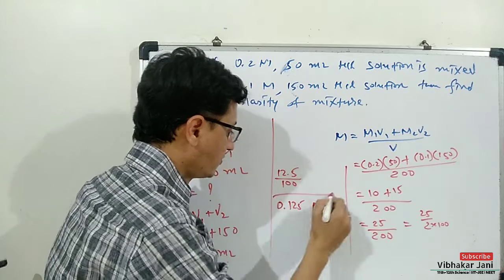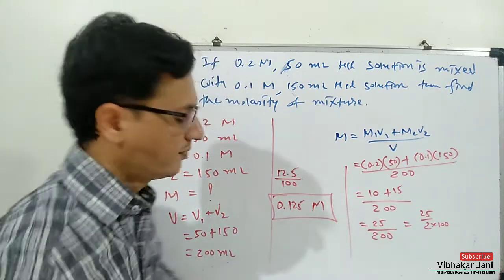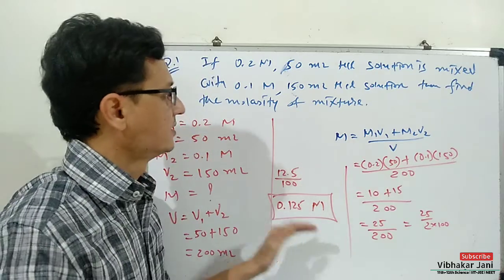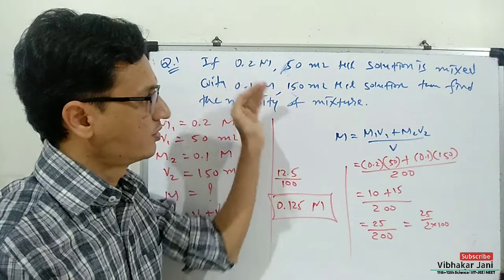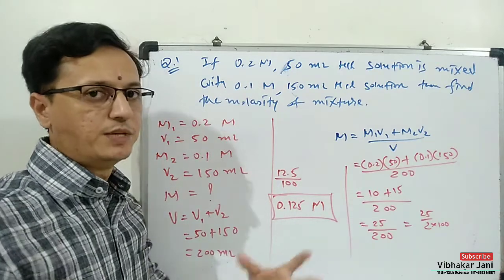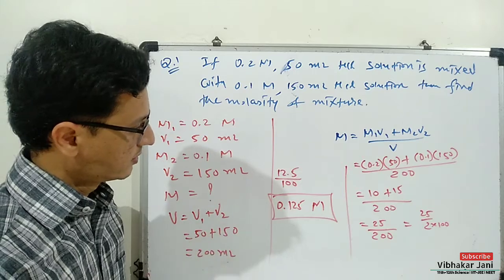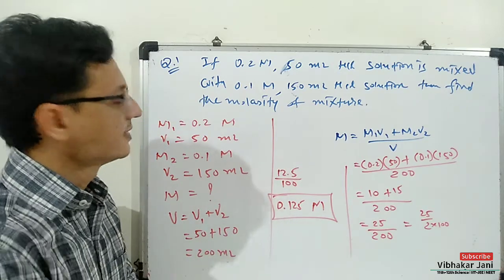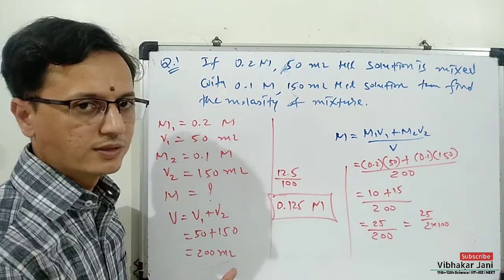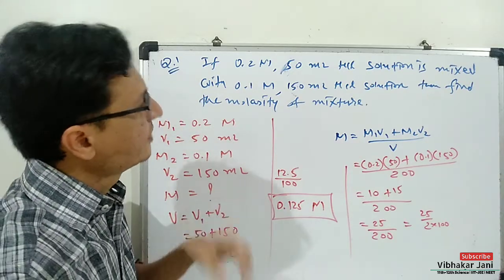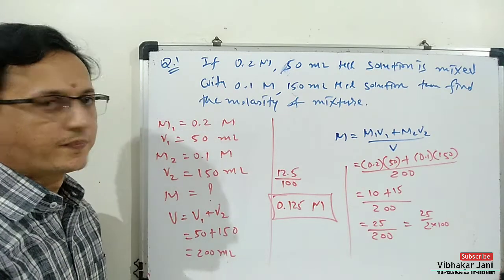This much molar will be the concentration of our mixture. So this is our final answer, the molarity of the mixture in which two different solutions of HCl are mixed together. Okay, so I hope you understand this. Just pause the video, write it in your notebook, and we will see one more example regarding this.